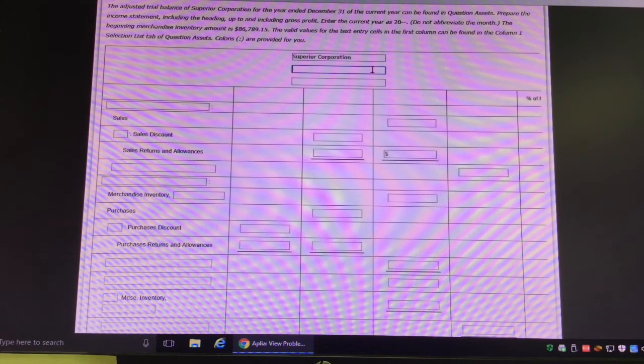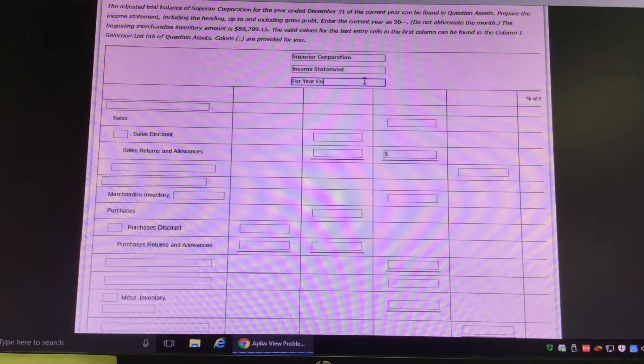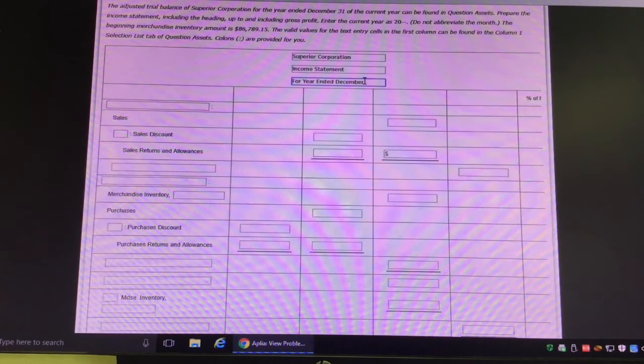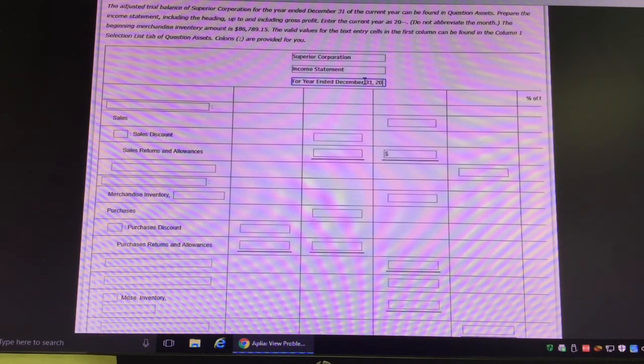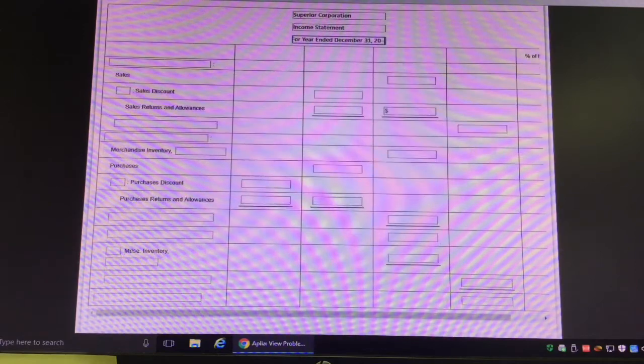This is going to be an income statement. And this is for the year ended December 31st, 20 dash. We're going to go ahead and fill in the account titles first, and then we'll get the numbers.